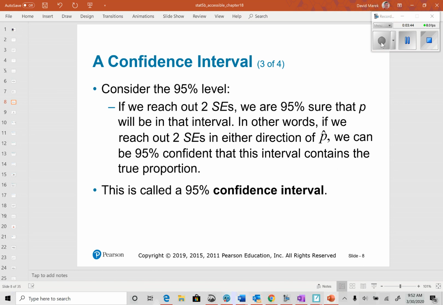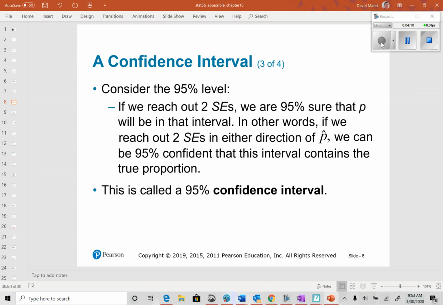Suppose we want to focus on that 95% level. If we reach out to two standard errors, we're going to have 95% confidence that the population proportion P, remember, we don't know it, is going to be somewhere in that interval.